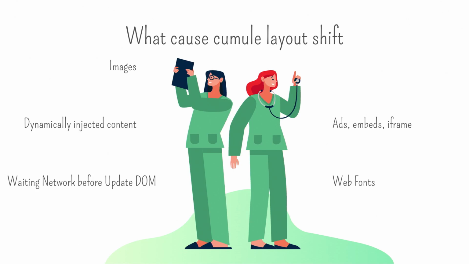You retrieve it, you create a beautiful list, and boop, you pop it on the screen. And web fonts. Why? If you use Times New Roman and then maybe Roboto, they are not exactly the same, so web fonts can cause layout shift.